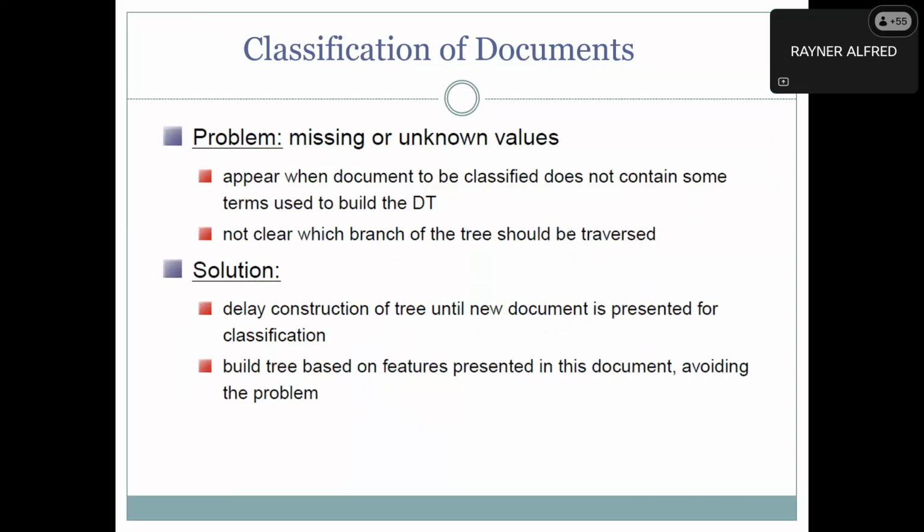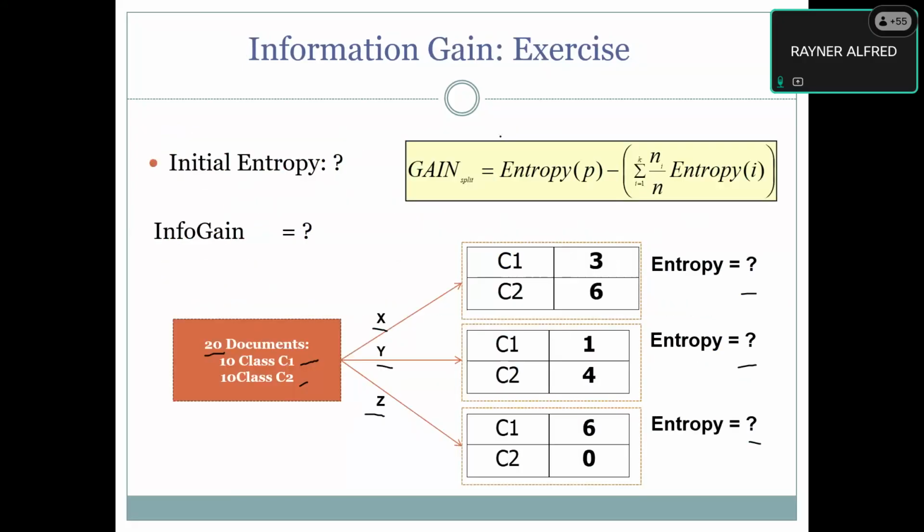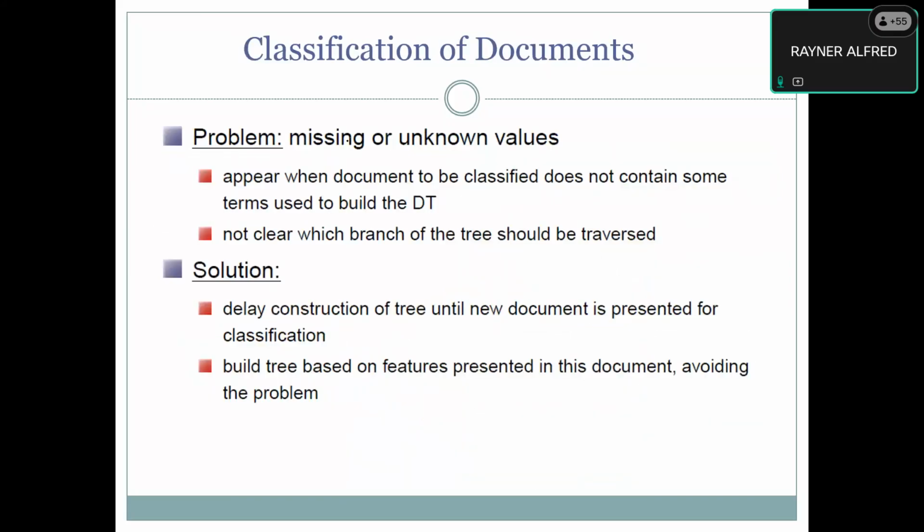Okay, so the problem with this is that we are building the tree based on keywords. So what if the document does not have the keyword? That is the problem.